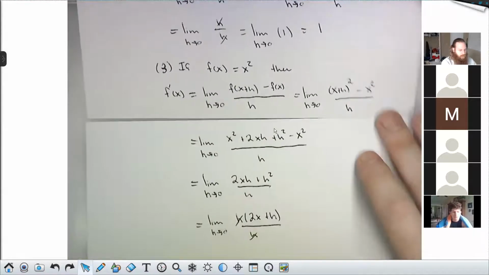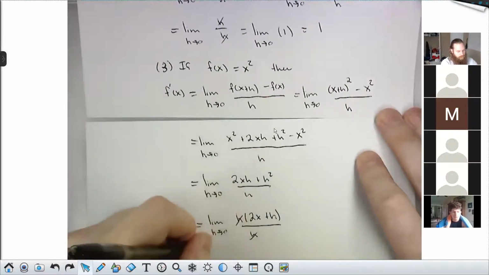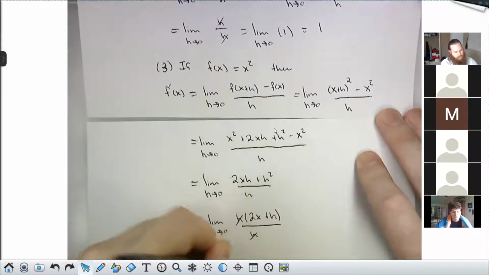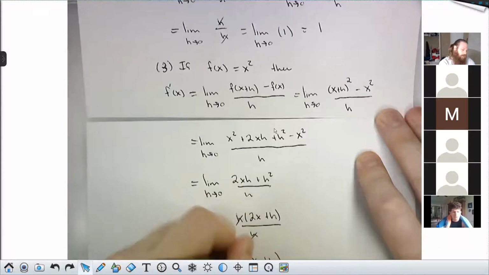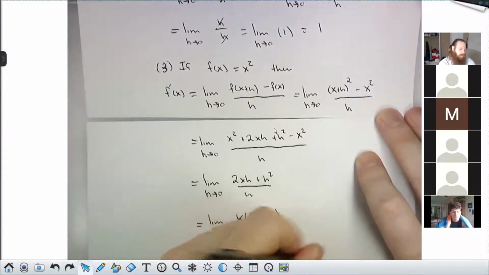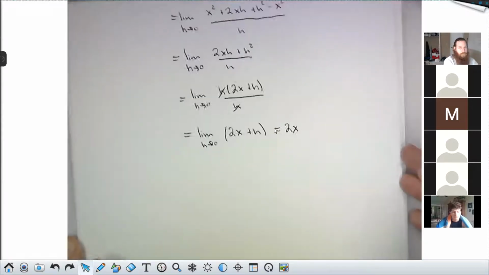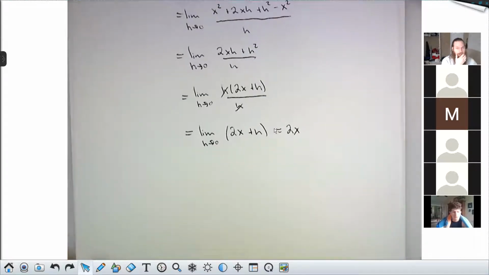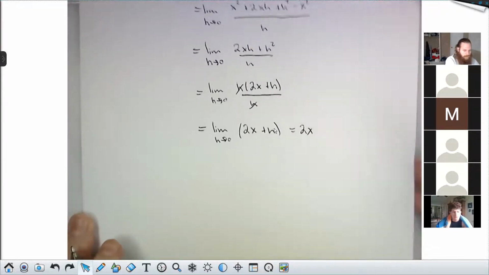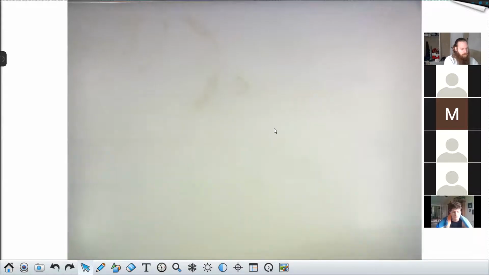So as we send h to 0, and what's left, which is just 2x plus h, you get 2x. So far, and I'm going to take the opportunity now to introduce some notation.